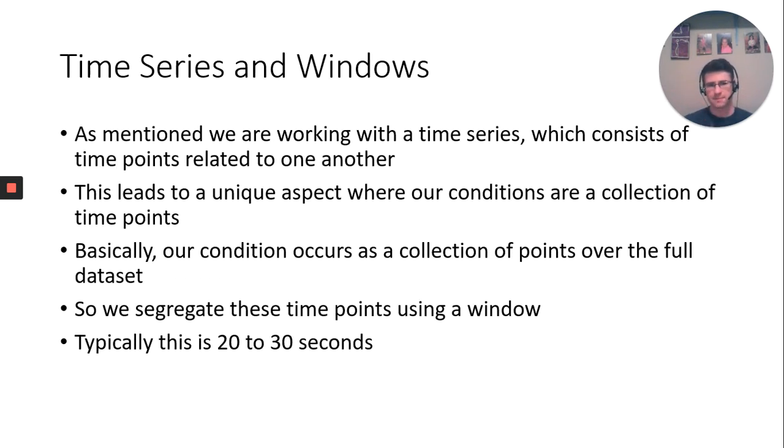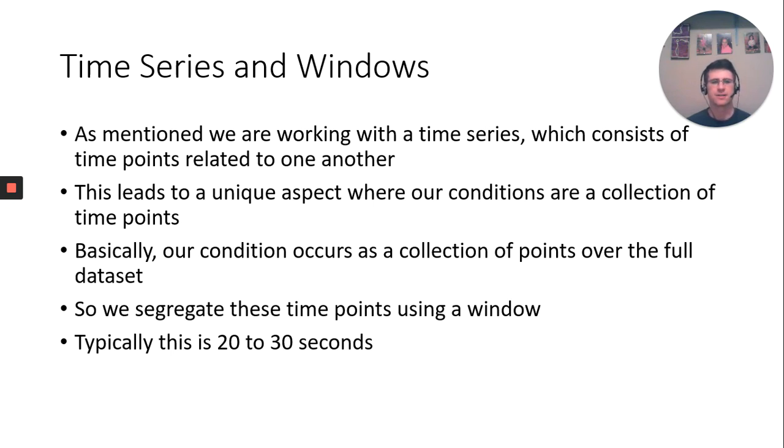Okay, so because we're dealing with time series, our areas of interest, well, first off, the time points are related to one another, which gives you some uniqueness in statistical tests, which we're not going to cover in this video, but just know that there's some interrelationship between time points. But also, our age previously was just one time point, or our education number was a number.